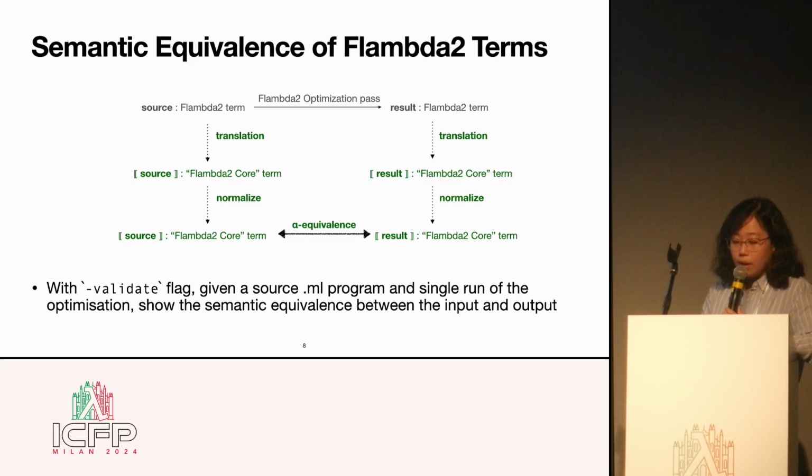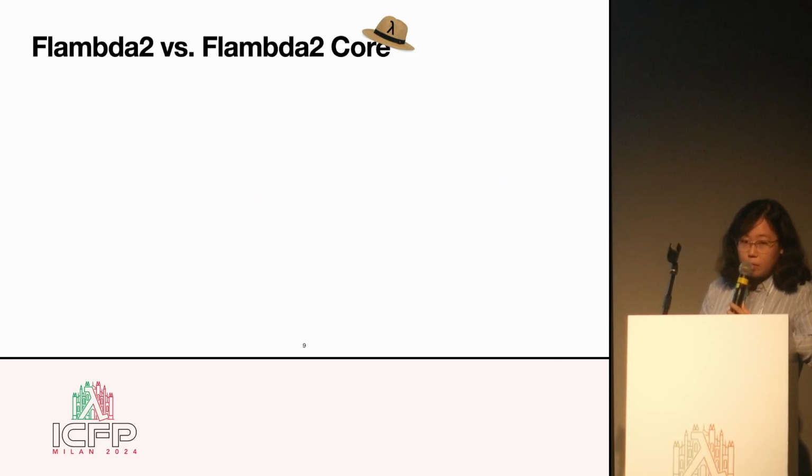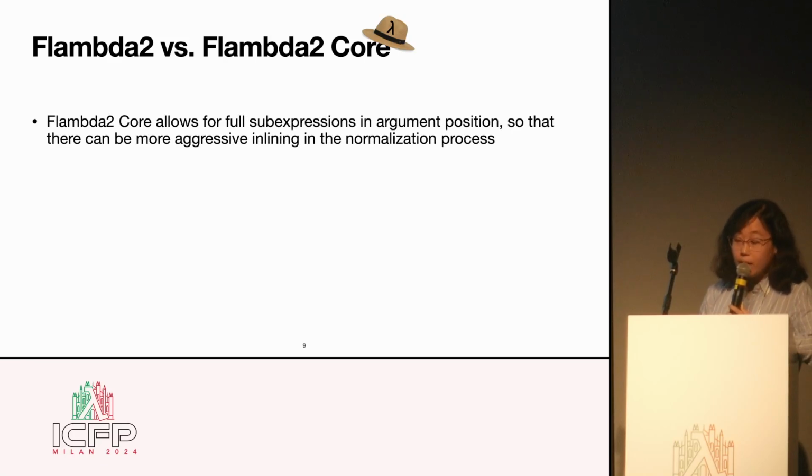So I want to also explain what the core features of these Flambda2 core terms are versus Flambda2, without going too much into detail. So for Flambda2 core, we thought about it as having the lambda calculus hat on and seeing Flambda2 in a little bit simpler way.